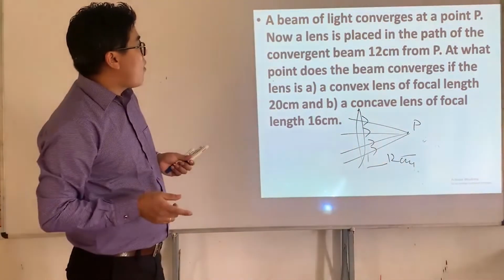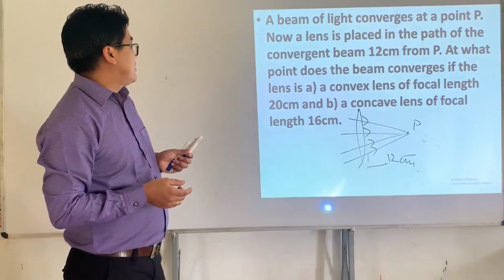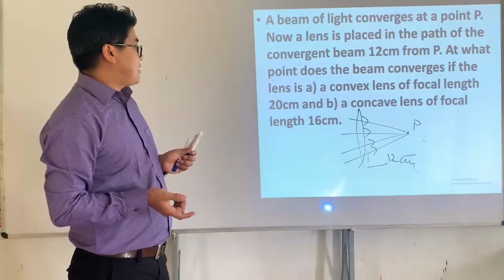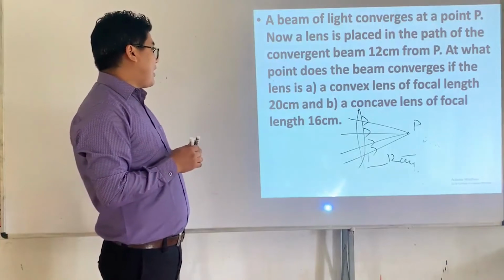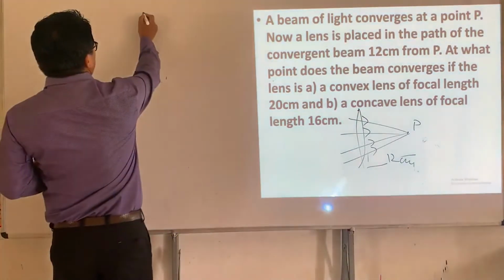And now, at what point does the beam converge? The lens is convex, focal length 20 centimeters. So this is the given.